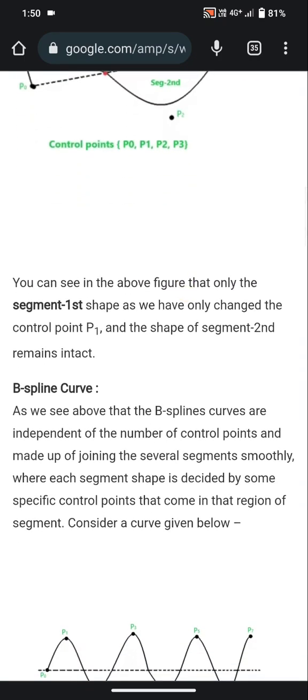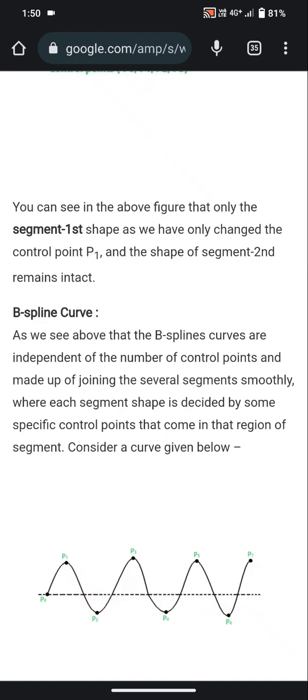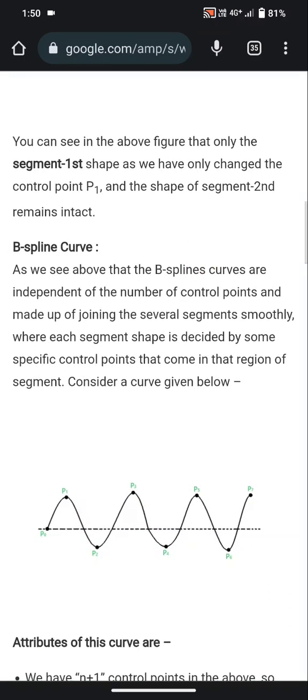B-spline curve. As we see above, B-spline curves are independent of the number of control points and are made up of several segments joined smoothly, where each segment's shape is decided by the specific control points that come in that region of the segment.